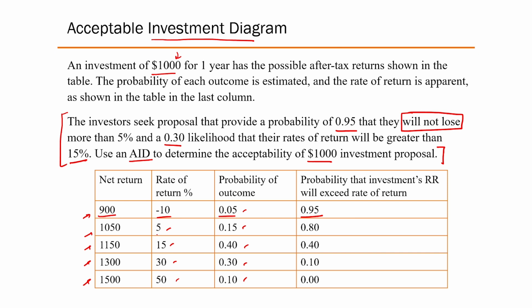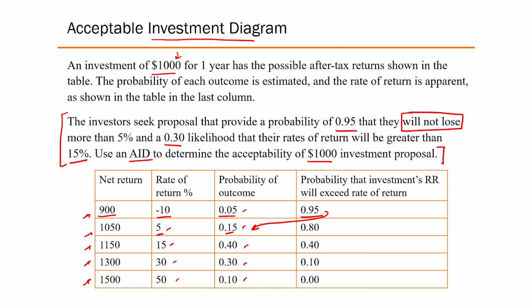Similarly, if there is a 15% chance that the rate of return is at least 5%, then 0.95 minus 0.15, at least an 80% chance that your rate of return would be greater than 5%. Making sense?